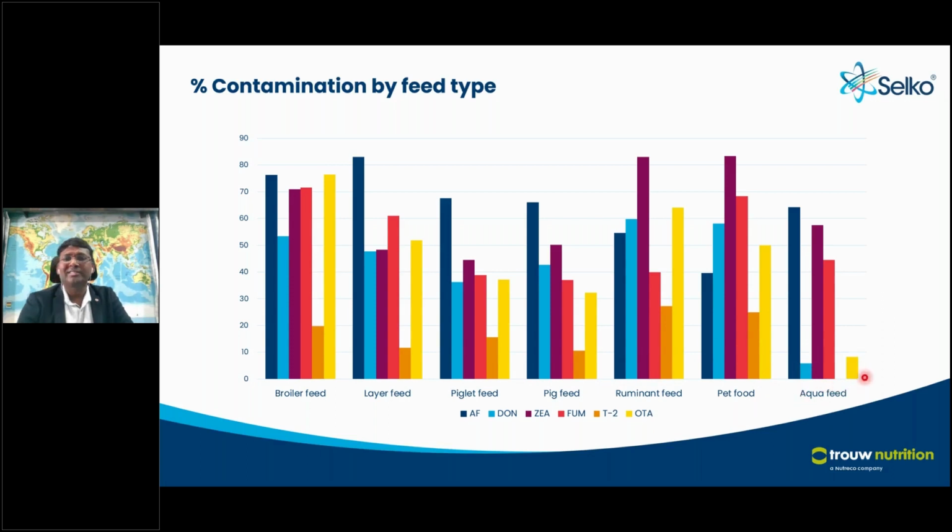Some data points are still fewer compared to the other species, but you can see a nice similar trend across different feed types, because they are made of similar raw materials also. Because remember, ruminant feed is only the concentrate part, not really the silage part. It's not a TMR.